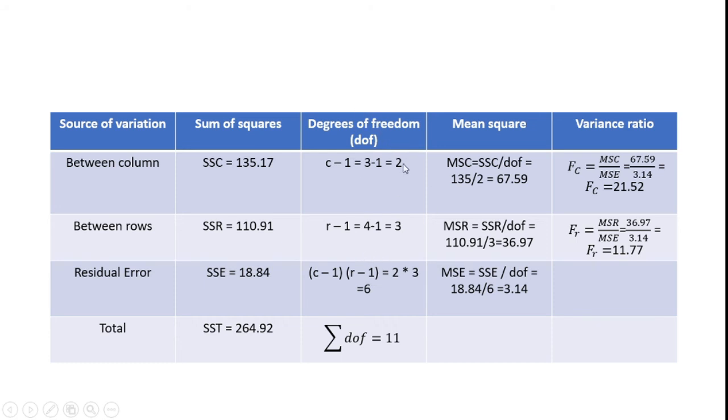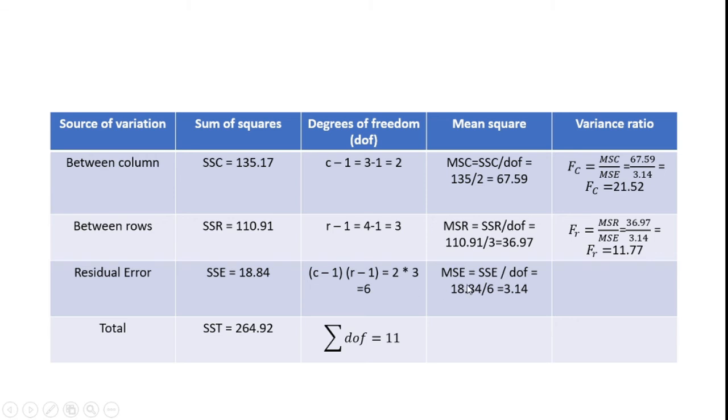C minus 1 is equal to 2, R minus 1 is equal to 3, because the number of observations with every row is 4, so 4 minus 1 is equal to 3. The number of observations with the column is 3, so 3 minus 1 is equal to 2. So 2 into 3 is equal to 6.